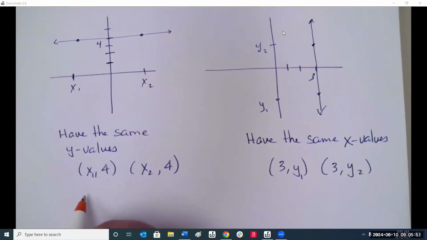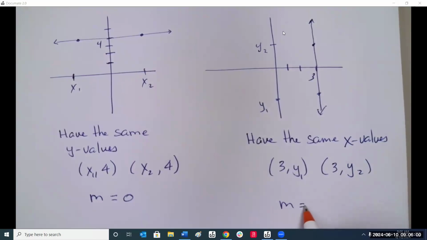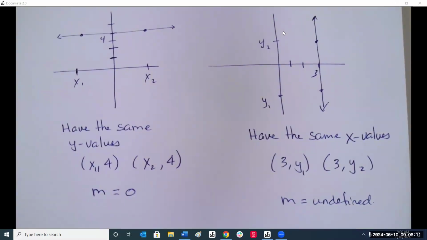Another thing, the slope of a horizontal line is 0, and the slope of a vertical line is undefined. This is important because, as we'll see in a little bit, we'll be looking for equations of lines, and it'll say the slope is undefined going through this point. What's the equation? And we got to find it.